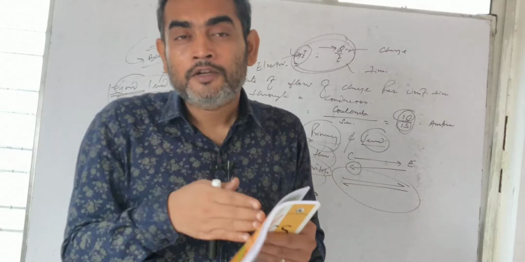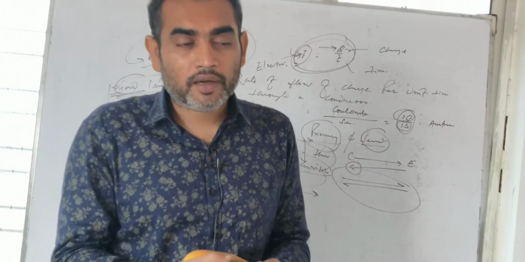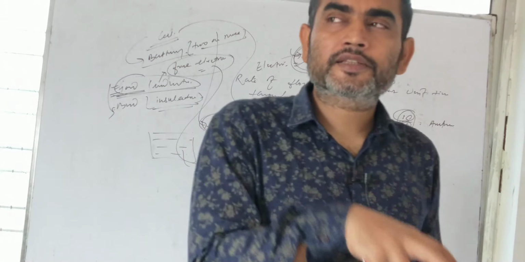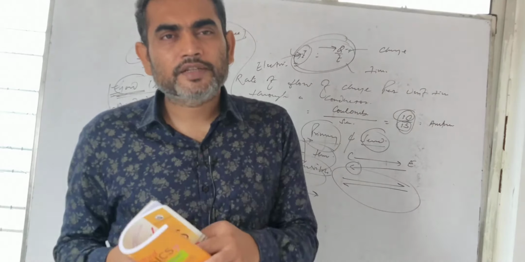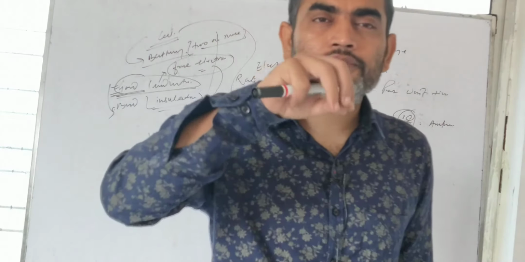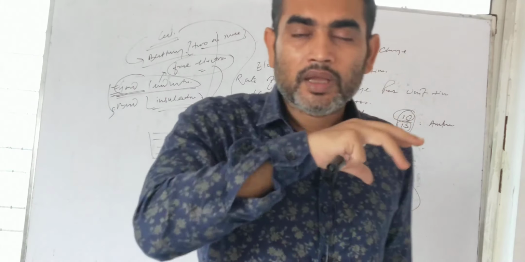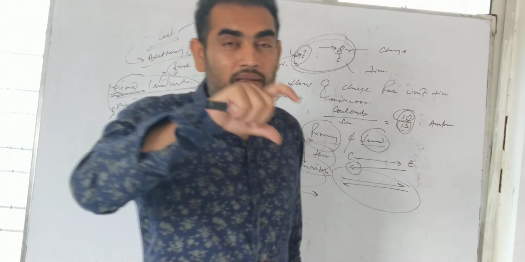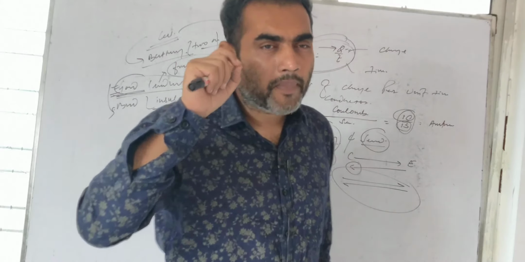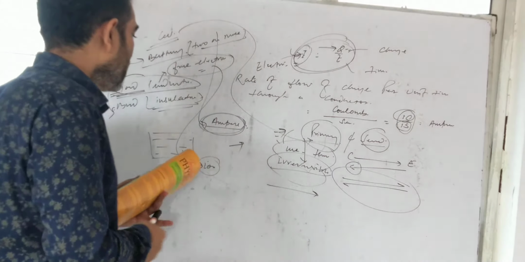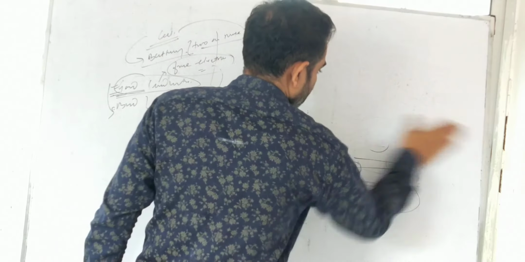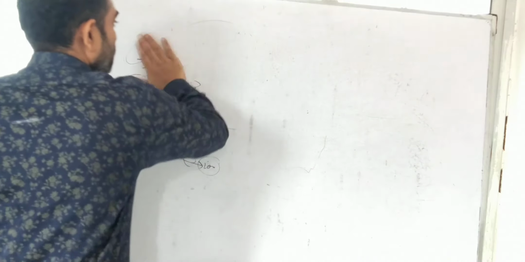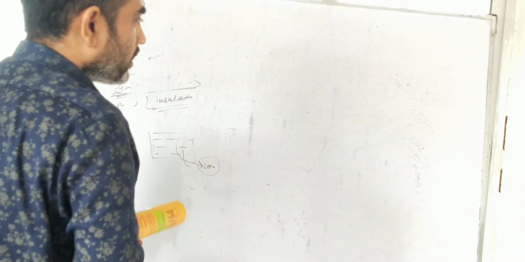That means magnetic quality has been obtained in a substance due to the passage of electric current. Under that situation it is said to be electromagnetism, and the magnet at that time is said to be an electromagnet. So we have two kinds of magnet, artificial and natural, and there are certain qualities of a magnet.